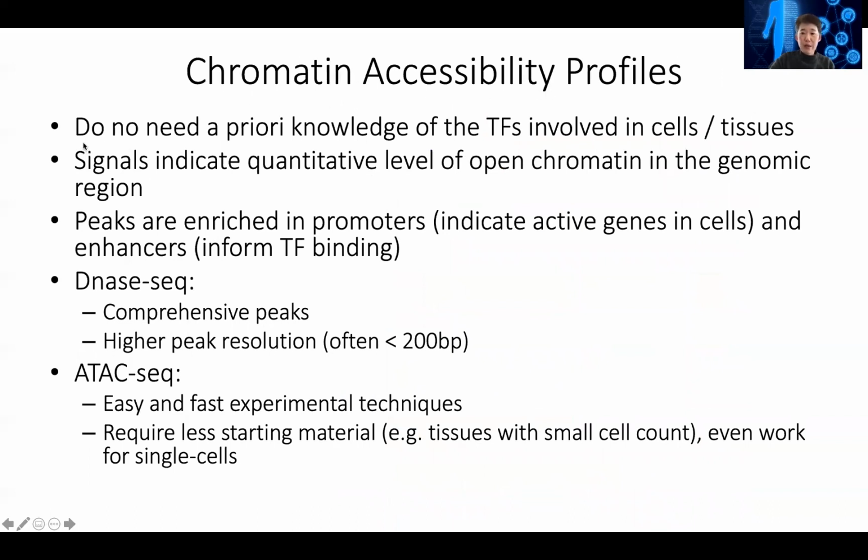Again, similar to a histone mark ChIP-seq, we do not need a priori any knowledge on what transcription factors are important in that particular cell or tissue. We just do the ATAC-seq profile, chromatin accessibility profile, and use either the motif or other public ChIP-seq to tell us which transcription factors might be important.